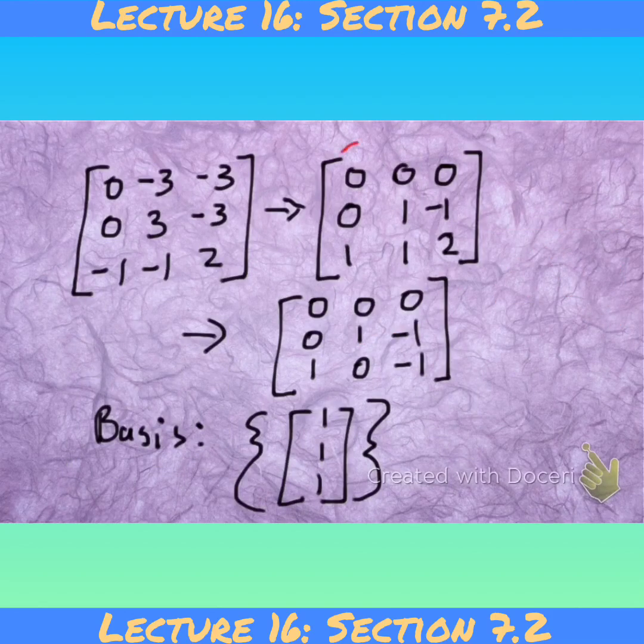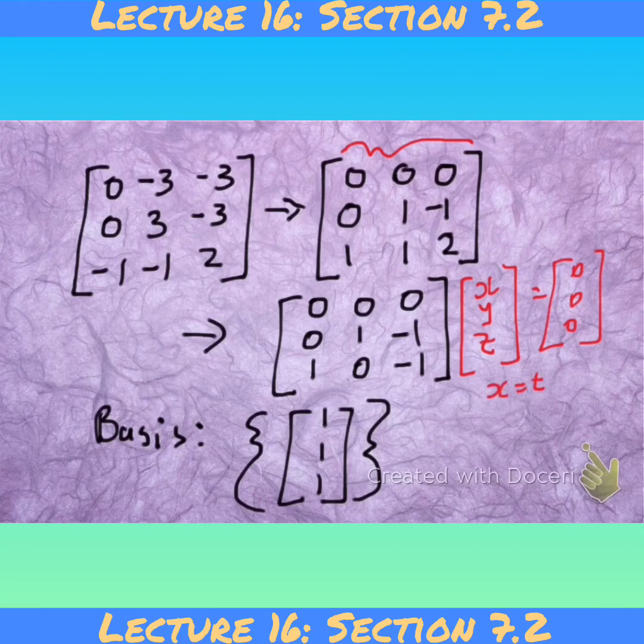Okay, and eventually we're going to get this reduced matrix. Now, if we look at the null space of this matrix, which is essentially solving this linear system, that corresponds to the system x equals t, z equals t, y minus z equals 0, and then again x minus z equals 0.